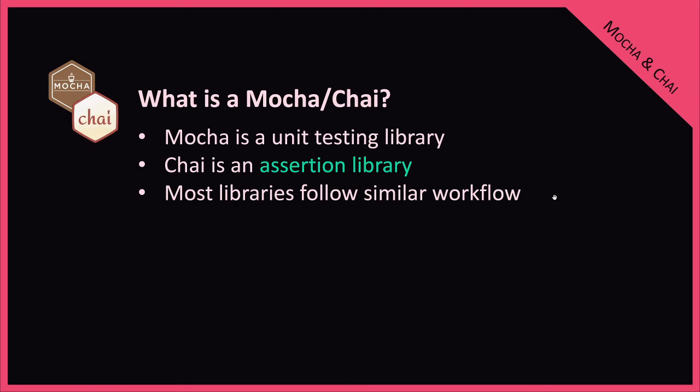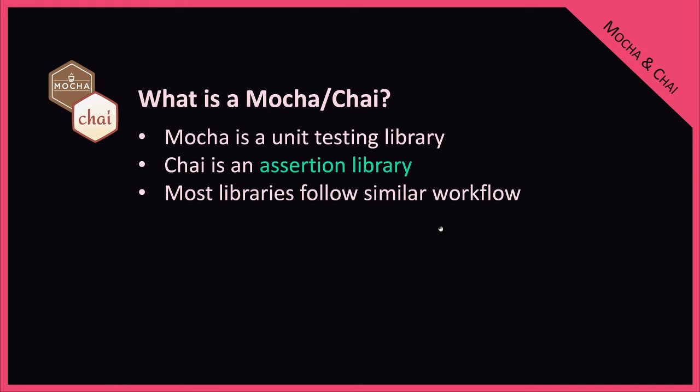Like I said, Mocha is a unit testing library. It helps have this dialogue of how the test will work. And Chai is an assertion library, which inserts some type of grammar that makes how you write your tests read like the English language, and I'll explain how in a sec. Most libraries have the same kind of workflow.